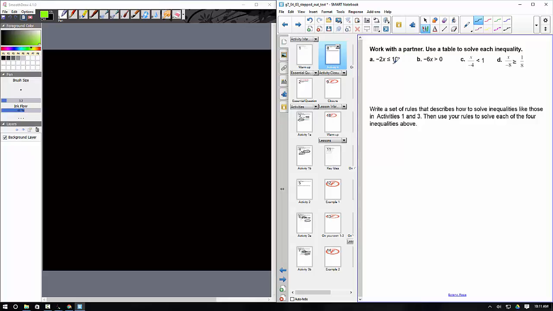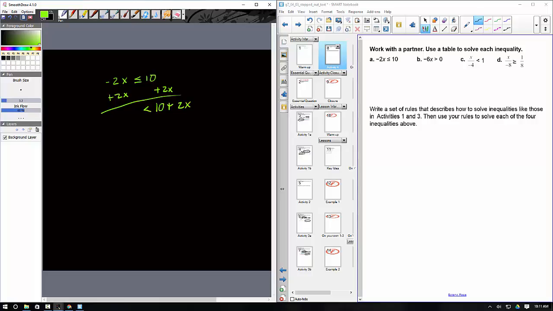And it says use the table to solve the inequality. Let's go through here. So the first thing, if I have negative 2x is greater than or equal to 10, let's just first move the x to make it a positive x, right? So I'll say plus 2x, plus 2x. Now I'm going to have 10 plus 2x is greater than or equal to nothing, so I have to subtract 10, right?